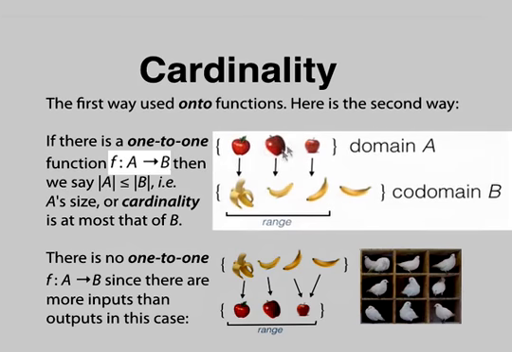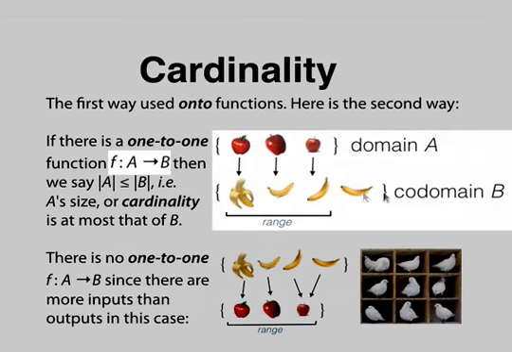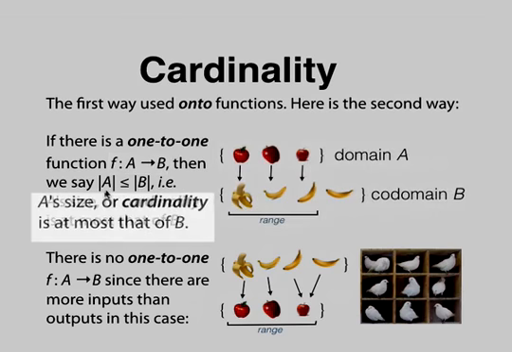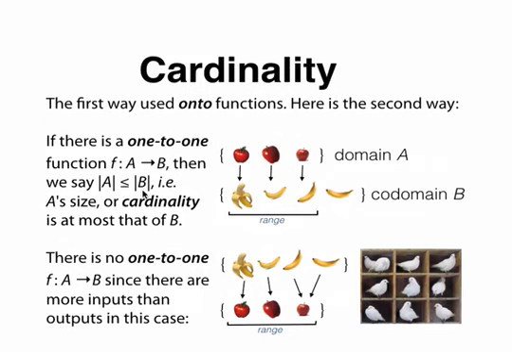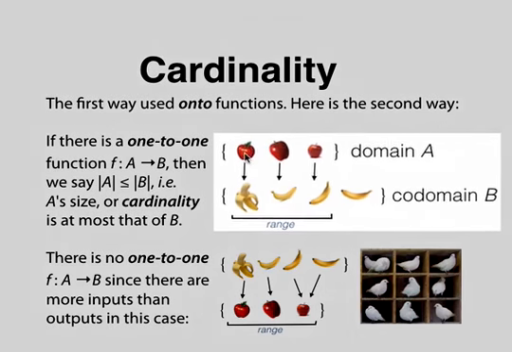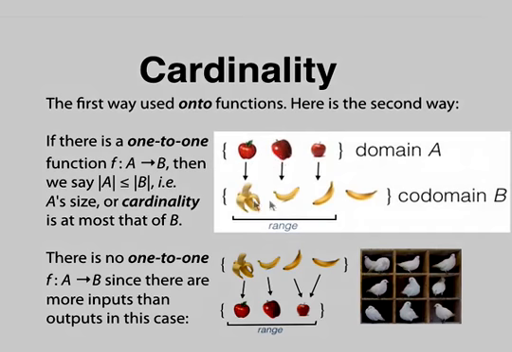F maps this domain to this codomain, and it's one-to-one, which means, again, each banana has at most one apple that points to it. Then we say that the size of A is at most that of B, or cardinality of A is less than or equal to cardinality of B. So again, what that means, okay, is there are at most as many apples here as there are bananas.